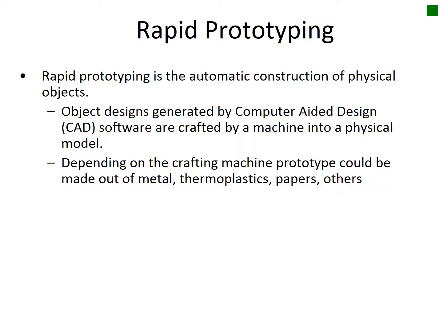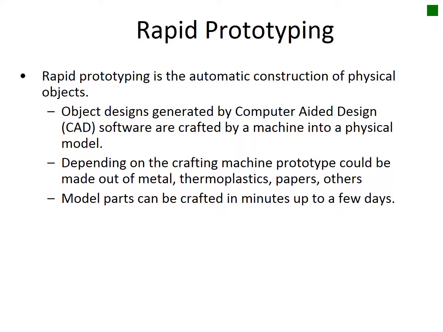And so being able to create a rapid prototype out of different composite materials that, again, may not be the final material you're going to use, but it allows you to produce something very quickly, from minutes to days, and can be done very early in the process without a huge amount of cost.